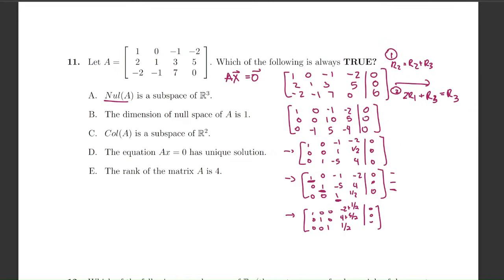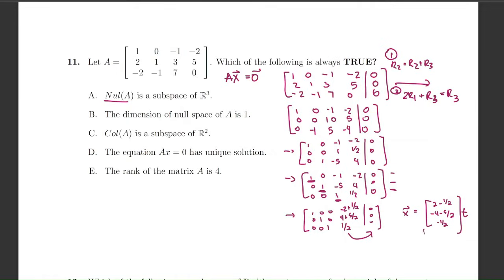So you have this singular vector. If we actually did solve for x here, we would move everything over to the other side, and we would get 2 minus 1 half, -4 minus 5 halves, -1 half, times our free variable, which we designated t.